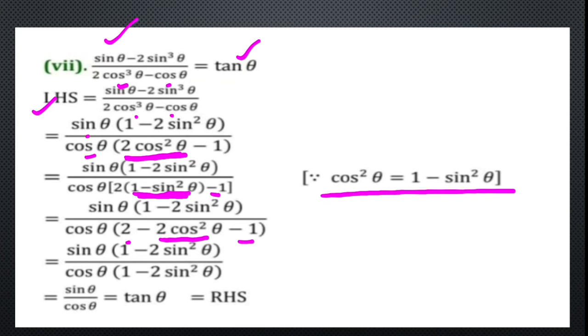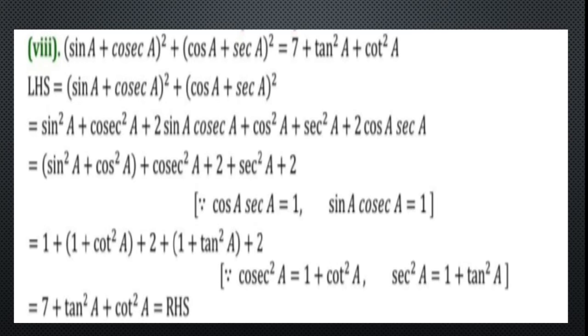That means ultimately after doing the addition and subtraction it will be 1 minus sin square theta. Now in the numerator and denominator under the bracket the terms are the same, so they will cancel each other, remaining will be sin theta by cos theta, which is equal to tan theta. So LHS is equal to RHS.